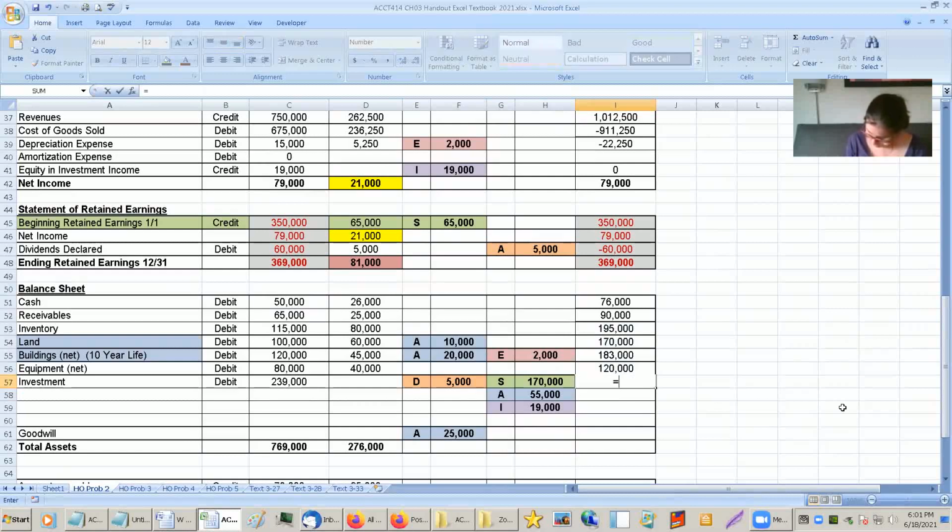And the moment of truth for the investment. Now remember, you got to add the 5,000 in and subtract out all the rest of them. Yay!